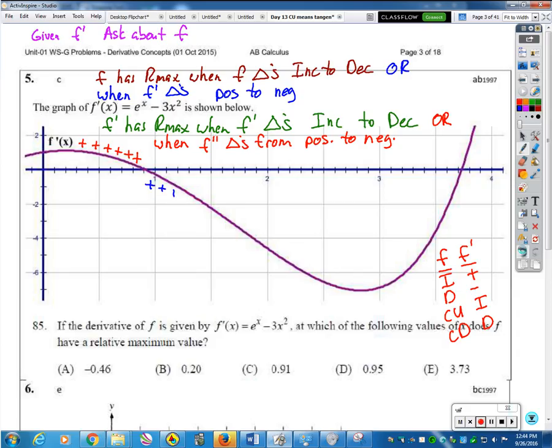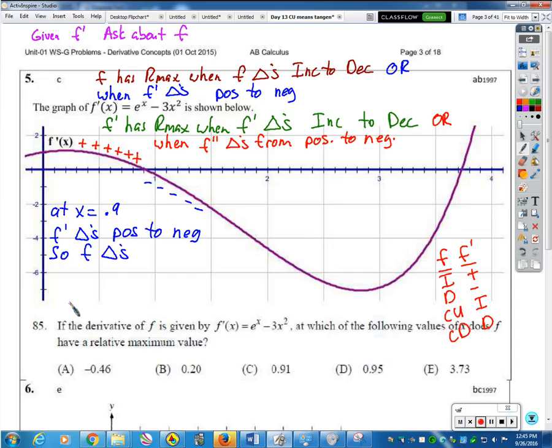So we could write, let's see, we could say at x equals about 0.9, f prime changes positive to negative. So how would f change right there, Marianne?